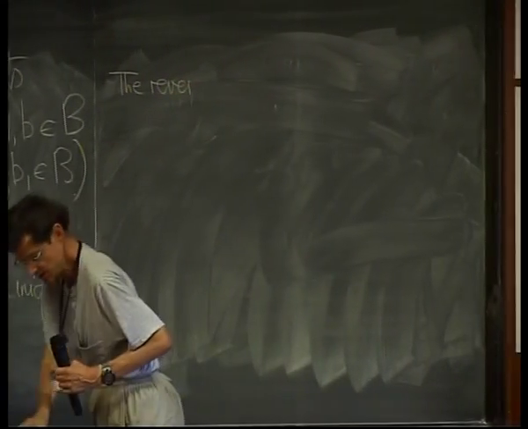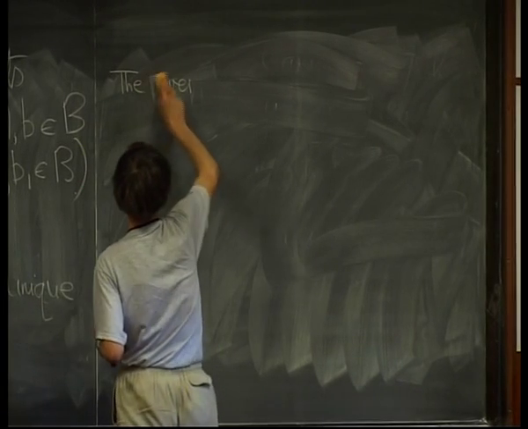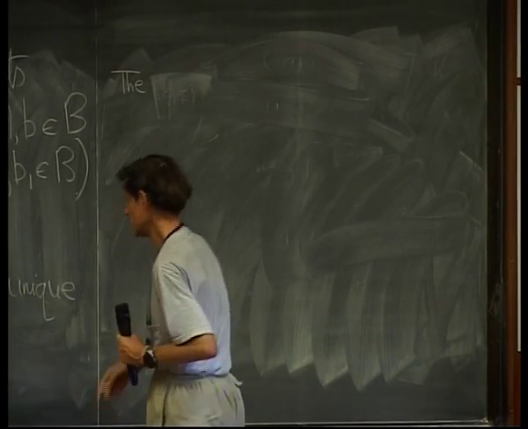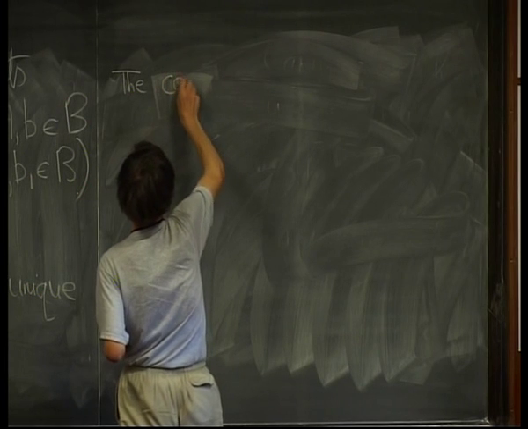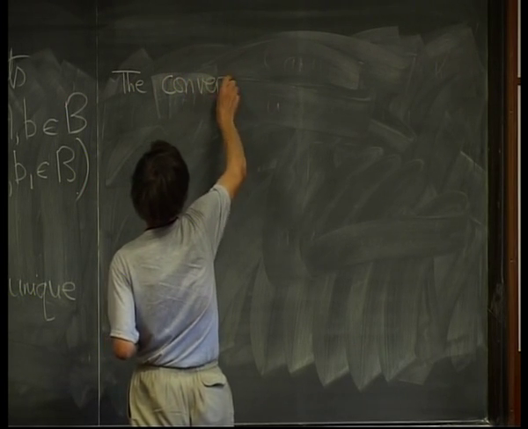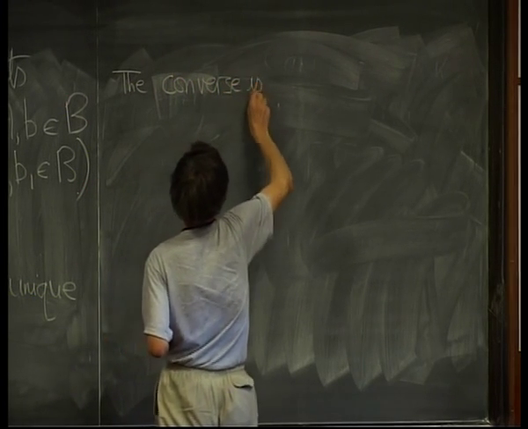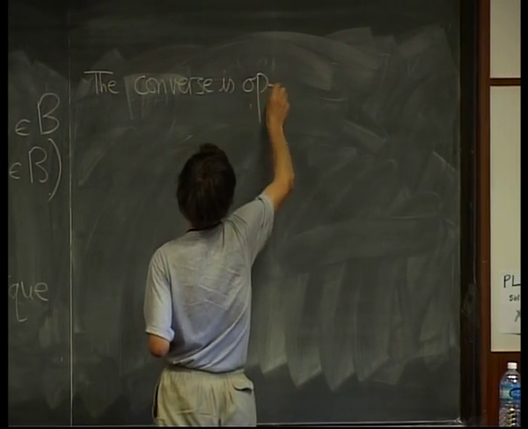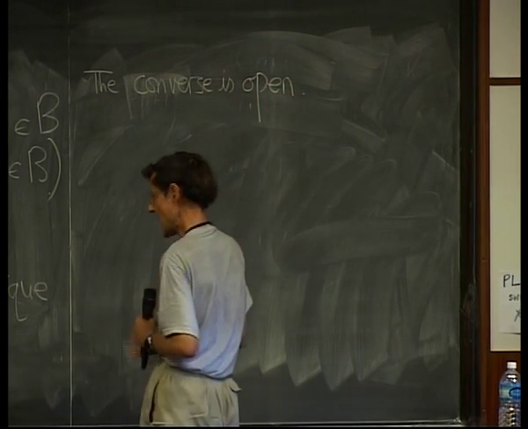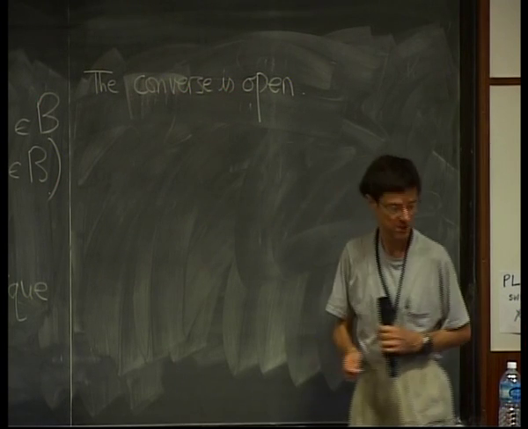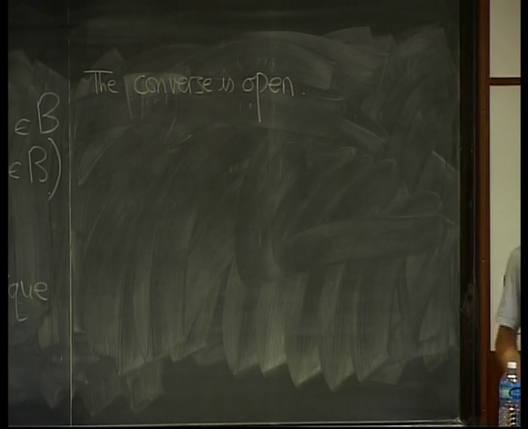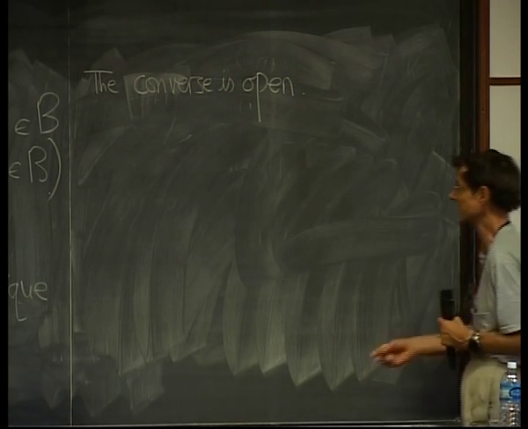Converse is open. It's elementary that left orderable groups are unique product groups. So, I mean, it seems ridiculous that all unique product groups are left orderable, but that's yet to get a counterexample.